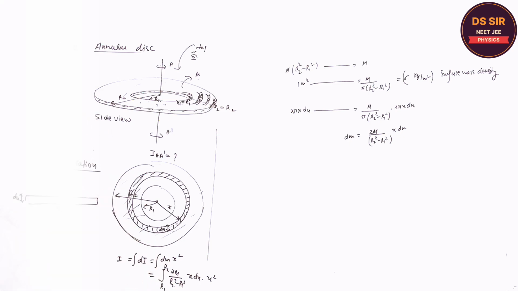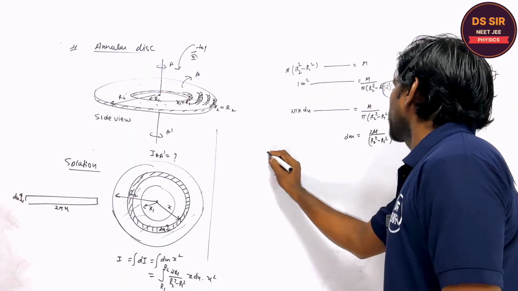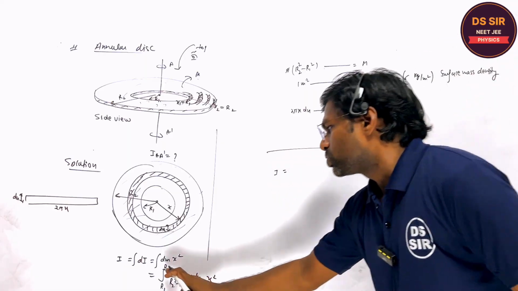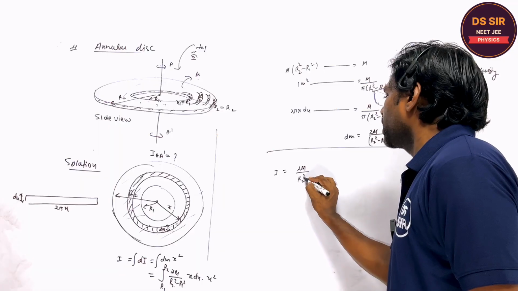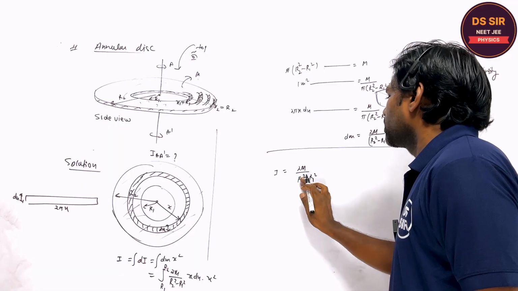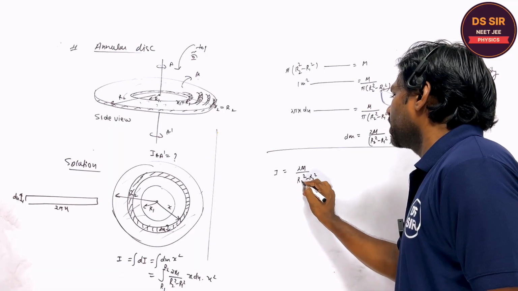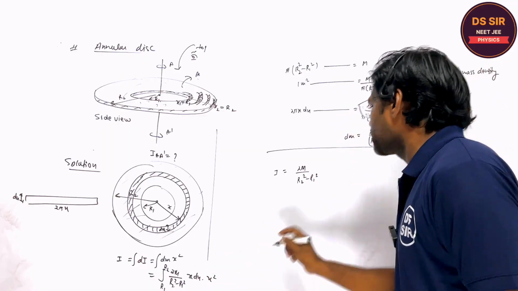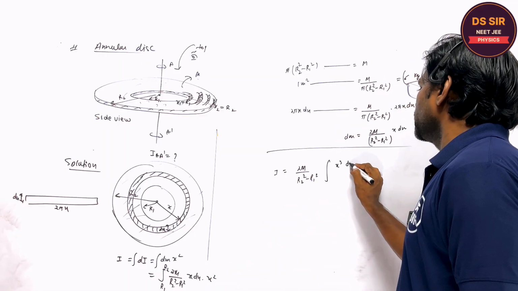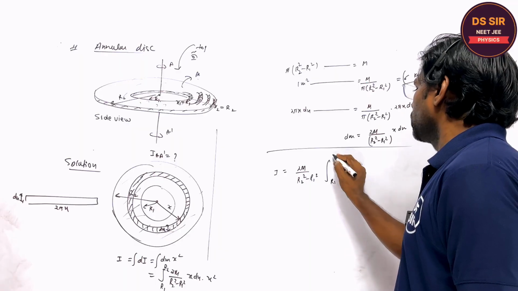Please copy this. If you want to write the moment of inertia, this is the constant 2M upon r2 square minus r1 square, which will come out of the integration, right? And this is x into x cube dx from r1 to r2.